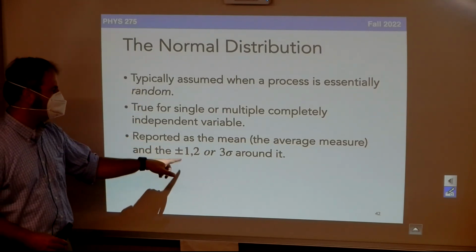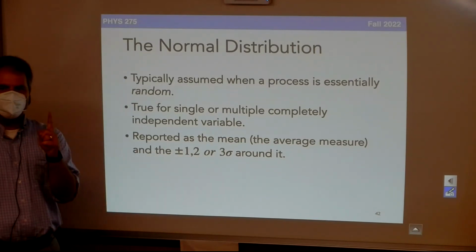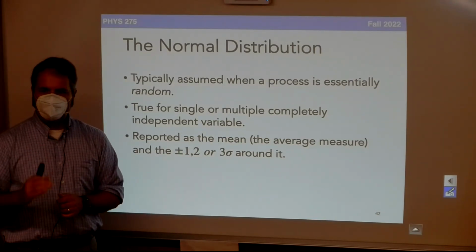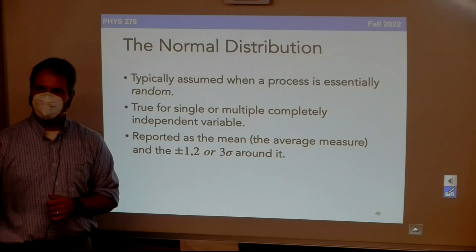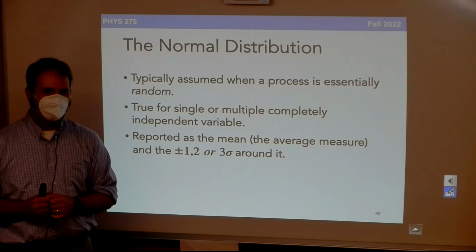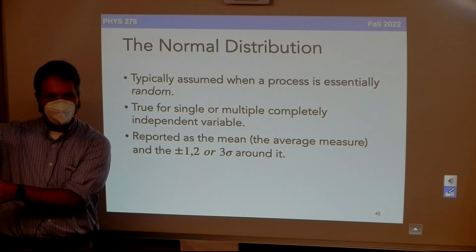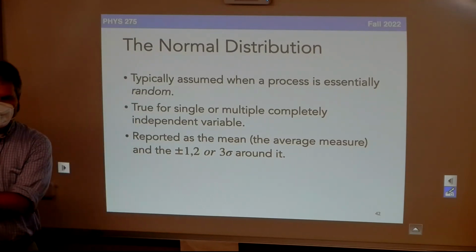We report our values as plus 1, 2, or 3 sigma around it. These are symmetric errors, right? The temperature was 110 Fahrenheit plus or minus 0.5. So that error is completely symmetric around that measurement that I gave you.